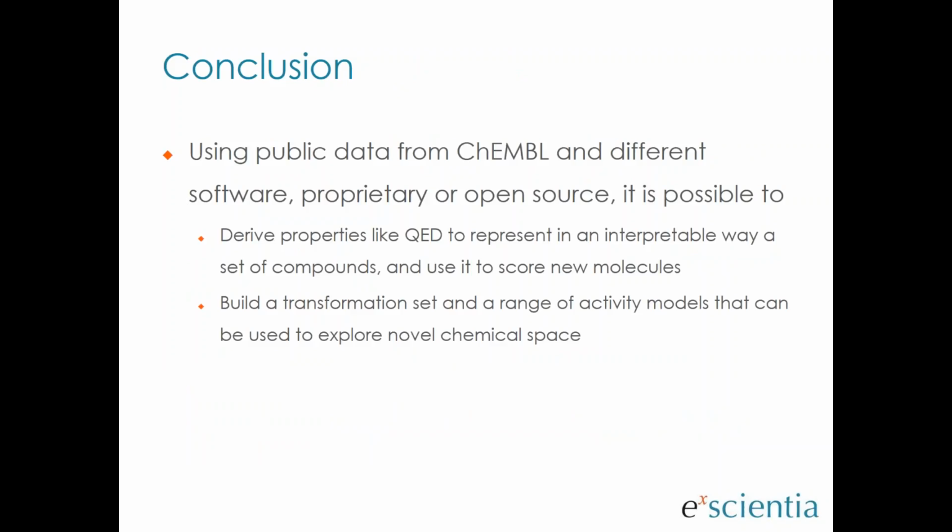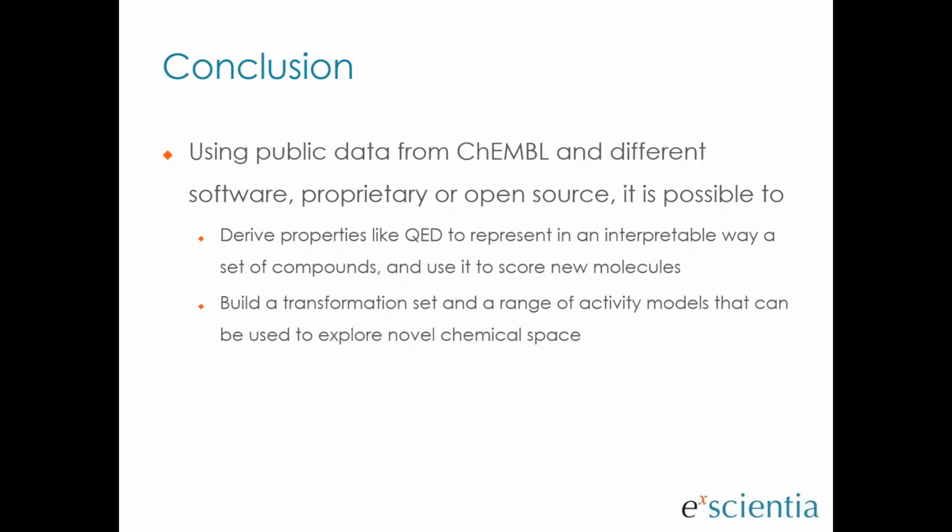So as a conclusion, we can see that using public data from ChEMBL, or if you have internal data combined with it, and different software, which can be proprietary or open source, it's possible to derive properties, like QED, which tries to represent in an interpretable way a set of compounds.